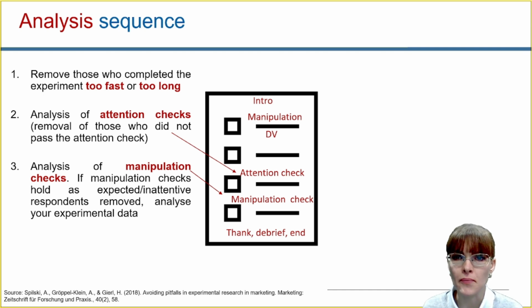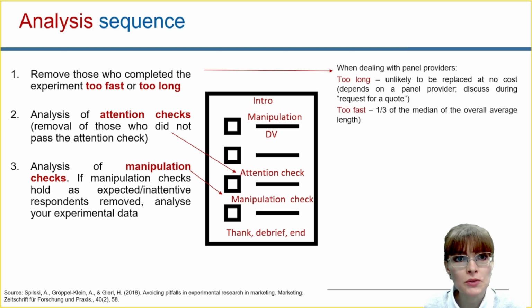Determining who completed your survey too fast or too long could be a bit different if you deal with panel providers. In other words, companies that give you access to real consumers. So what you see on the screen here is actually my personal experience with panel providers. Panel providers, in my case, were reluctant to remove at no cost the participants who took too long to complete my experiment.